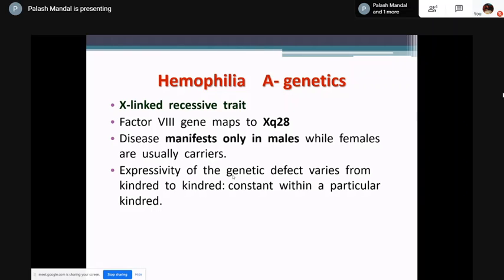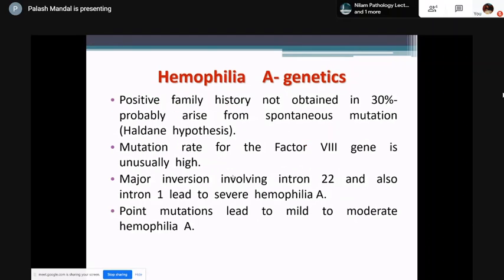However, a positive family history may not be obtained in about 30% of cases. It arises by spontaneous mutation. That was Haldane's hypothesis, and the mutation rate for the factor VIII gene is unusually high.